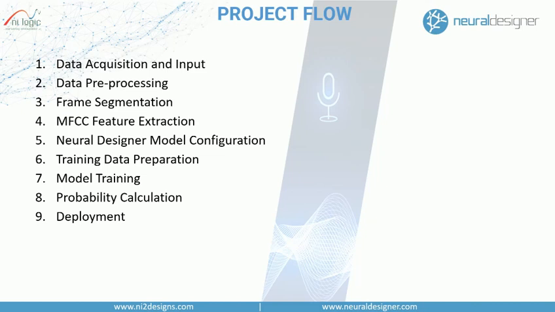Now, the second phase: we moved into Neural Designer model configuration. We used the MFCC values as input to design the neural network. After some training data preparation, we moved into hyperparameters, that is, the number of layers and neurons, to get a good accuracy for the model created. After that, we deployed the resultant code.